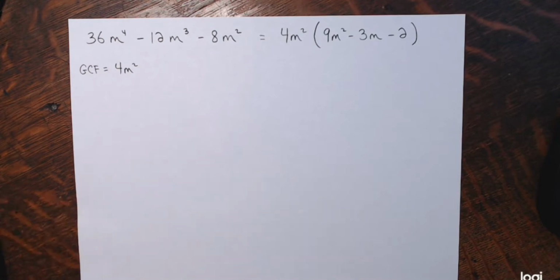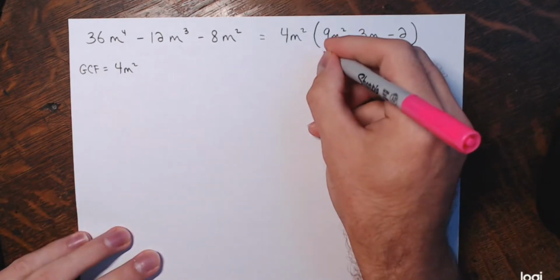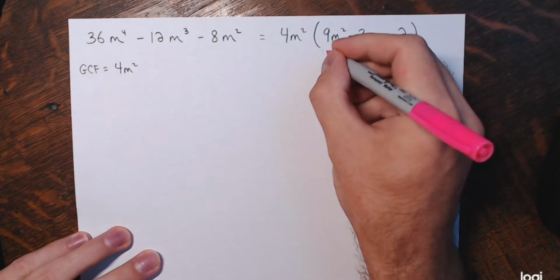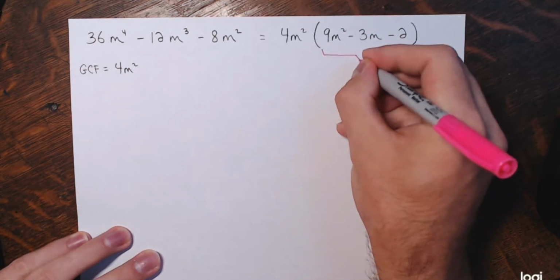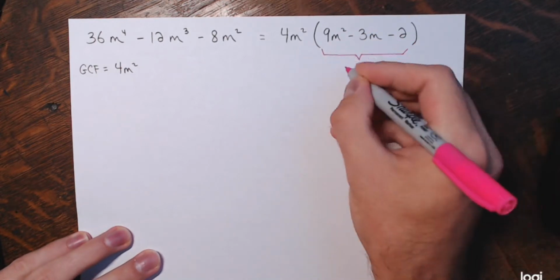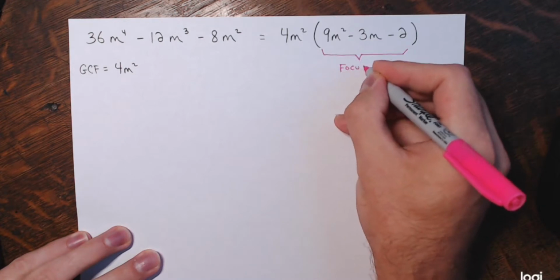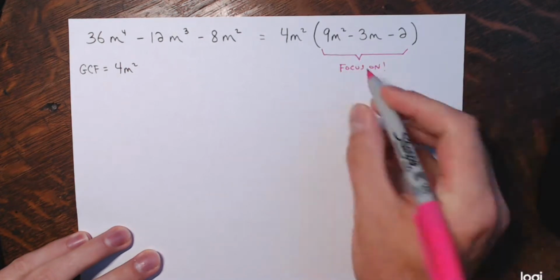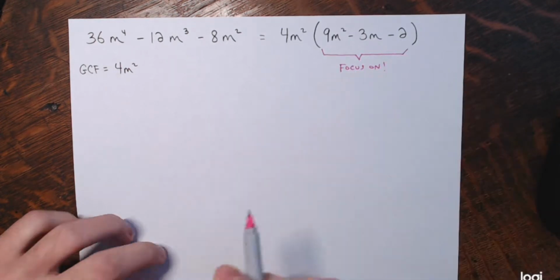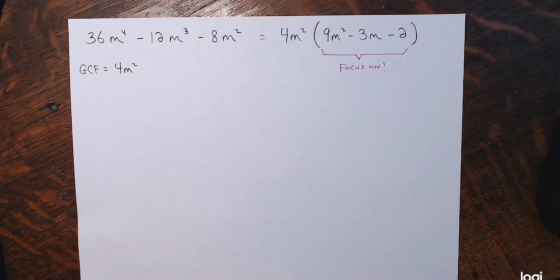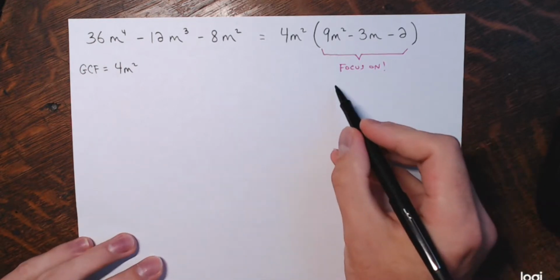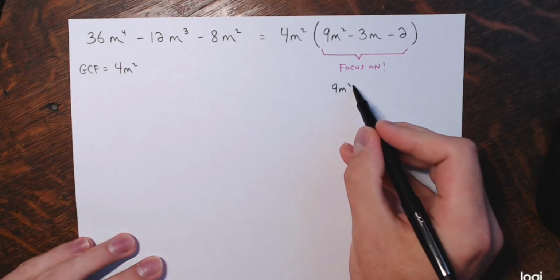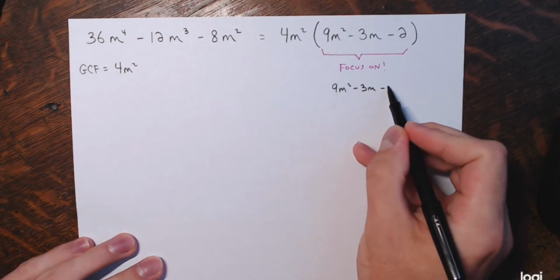Now the greatest common factor we're not going to worry about, so it's usually just a single term. Now we're going to focus on this quadratic trinomial here, 9m squared minus 3m minus 2. I'll write it separately here, 9m squared minus 3m minus 2.